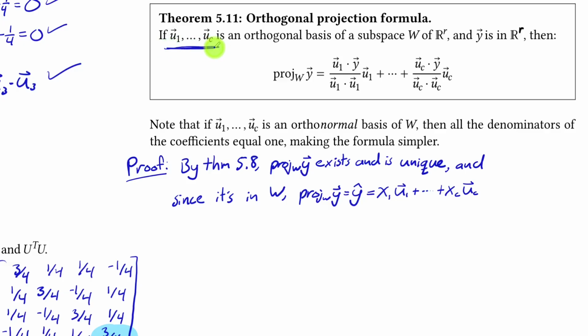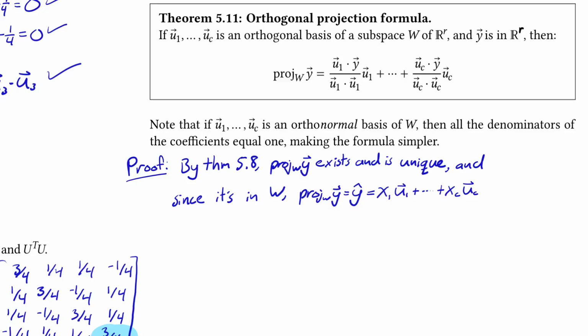Because u1 through uc is a basis of W, there exists a unique x1 through xc way to write the projection, which we should call y hat, as a linear combination of the basis vectors.